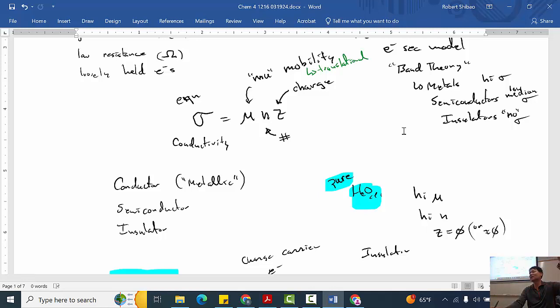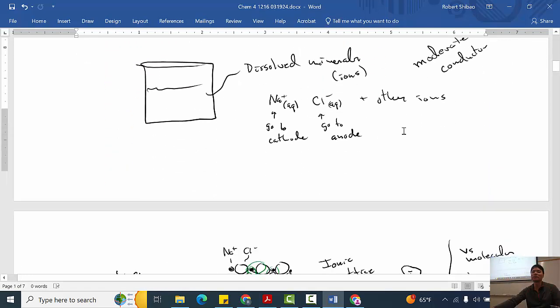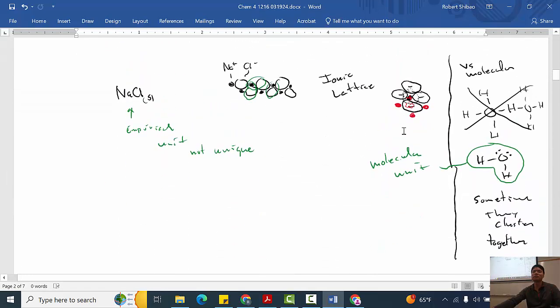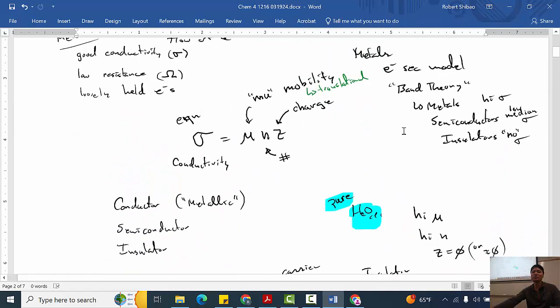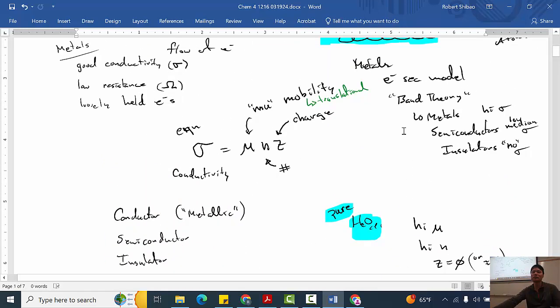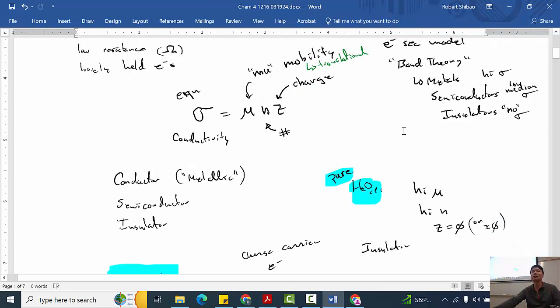And the charge is plus and negative. We have plus ions and negative ions. But what about the translational mobility of solids? Doesn't exist. There's no translational mobility. If there's no translational mobility, what does that do to this equation? It makes the conductivity 0, which means this should be an insulator.